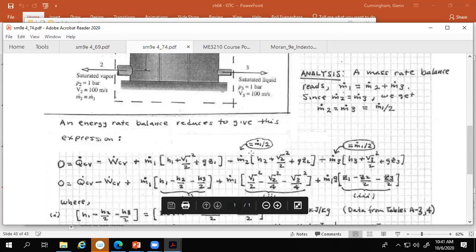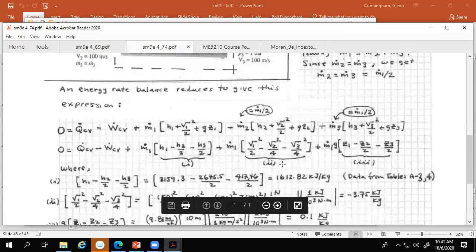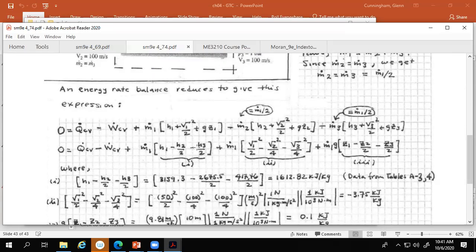Then he's going to make these substitutions. For m dot 2, he's going to put in m dot 1 over 2, which is true, and for m dot 3, he's going to put in m dot 1 over 2. Then he's going to collect terms, so now everything is times m dot 1. He collects all the enthalpy terms and calls this I, and all the kinetic energy terms he calls II.